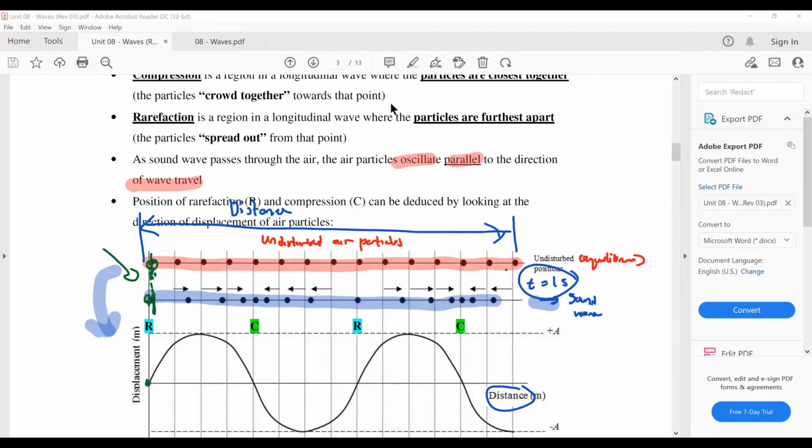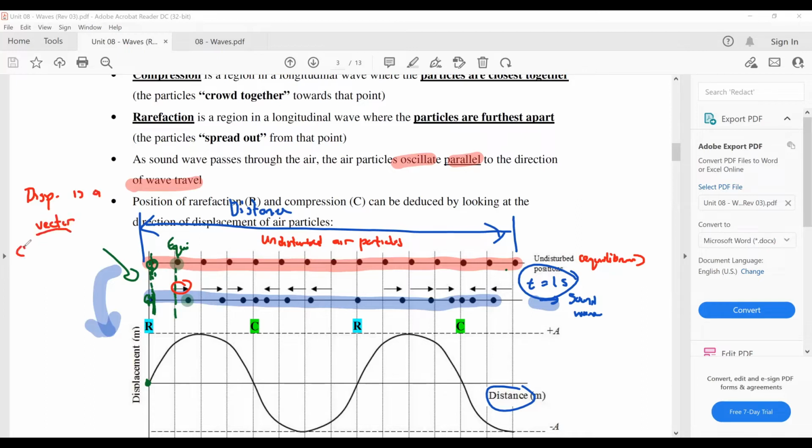But then if I go to the second particle, the equilibrium is this line here. Before it got displaced, it was here. After it got displaced, it's now here. Your displacement is actually this much. All right. And also recall that we mentioned to you before that displacement is a vector.